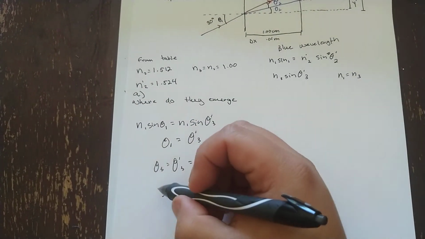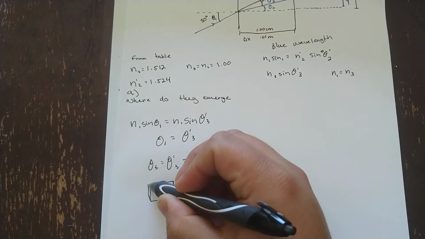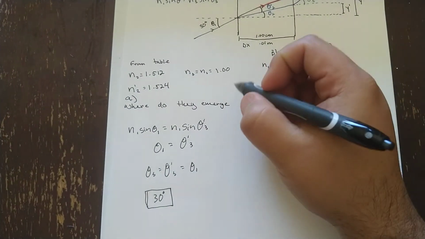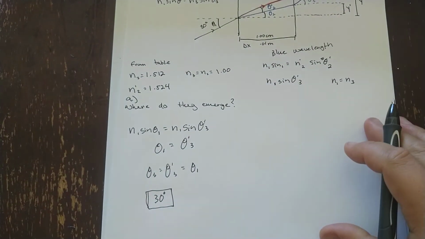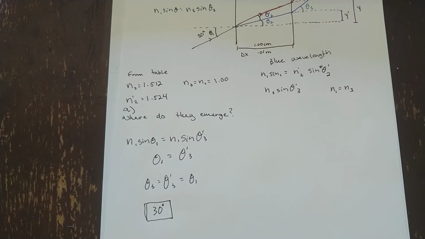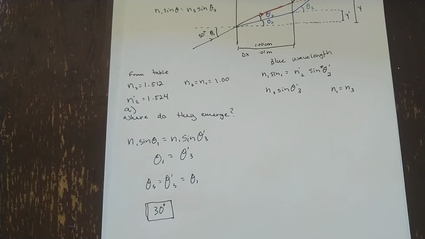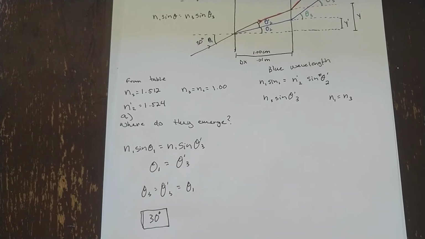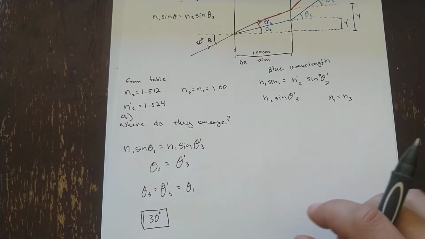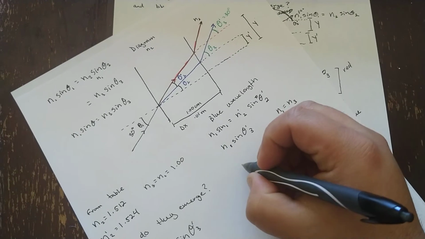Right? So that's the angle at which they emerge. Forgot a question mark there. Got to be grammatically correct too. Now, let's get the angle of refraction for the red light.